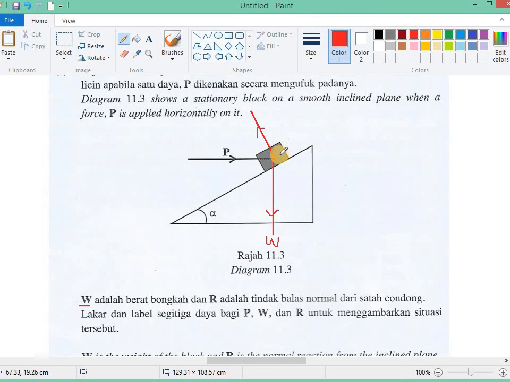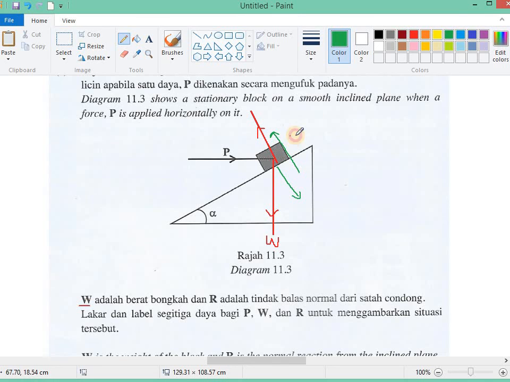The normal reaction is the reaction force as a result of pressing onto a surface. Because the block presses on the surface in this direction, the surface pushes back in the opposite direction.